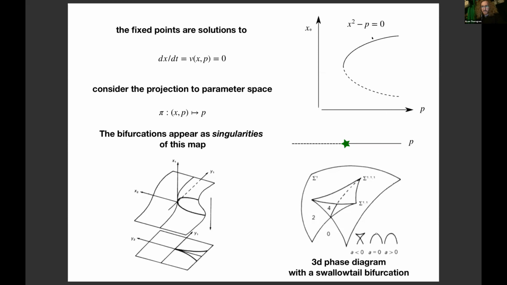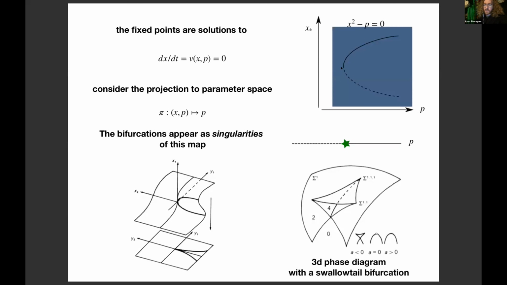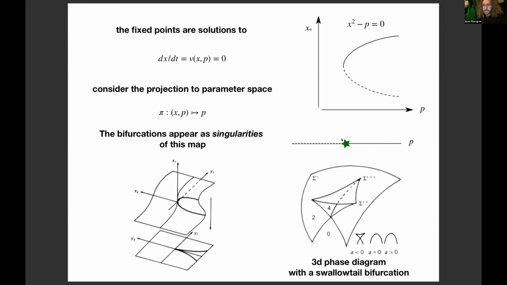Singularity in the sense that, if you think about this map, it's basically the square root map. Anyway, the singularity just says that we have a vanishing derivative here. If we do a little variation along the curve here, it results in no variation in the image because we're at a tangent point.